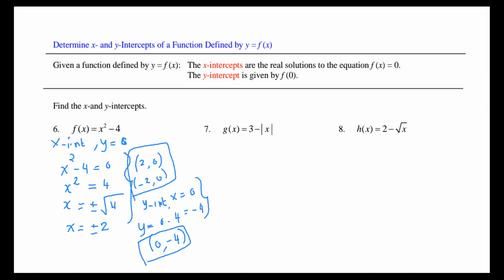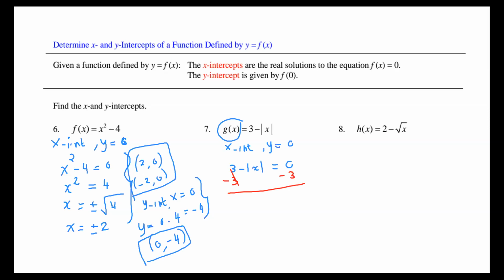So number 7, let's find the x-intercept by making y equal to 0. Y means we have to make g of x equal to 0. So 3 minus absolute value of x equal to 0. So let's move the 3 to the other side. So subtract 3 from both sides.